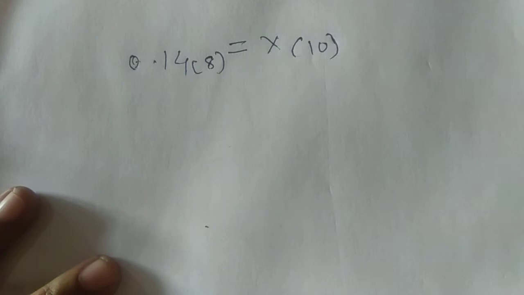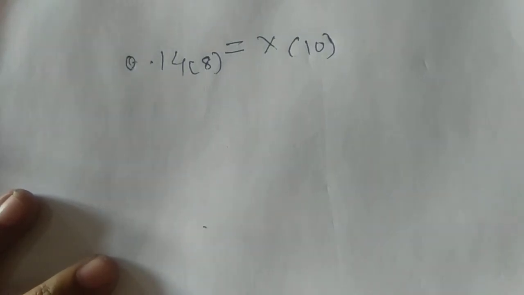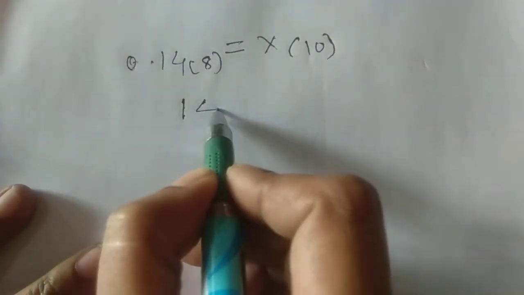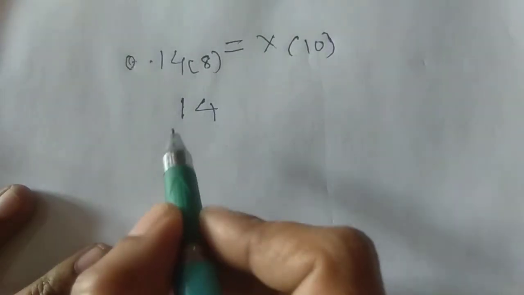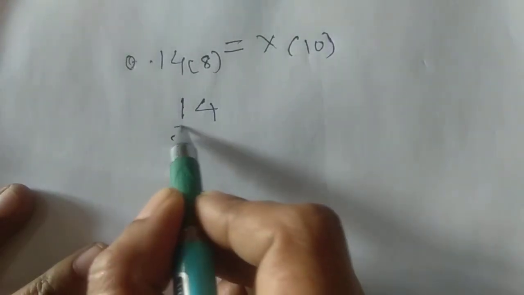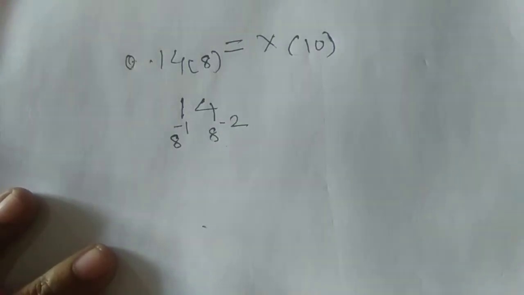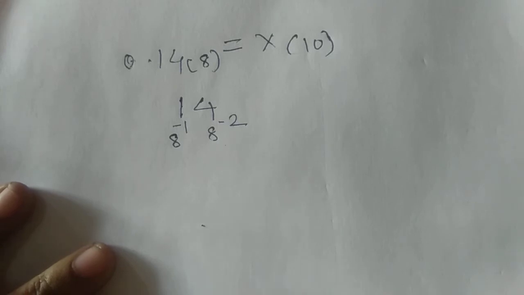What we have to find out? X. Now this is the fractional number. For my convenience I will write the number as 1 4. Here I will write 8 raised to minus 1, 8 raised to minus 2, because we are converting from octal to decimal.